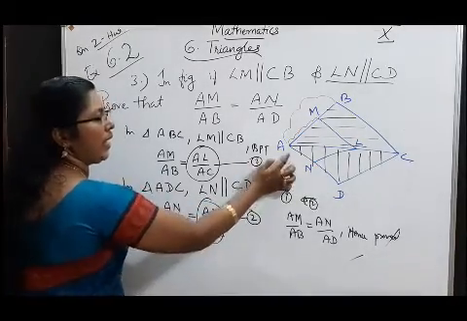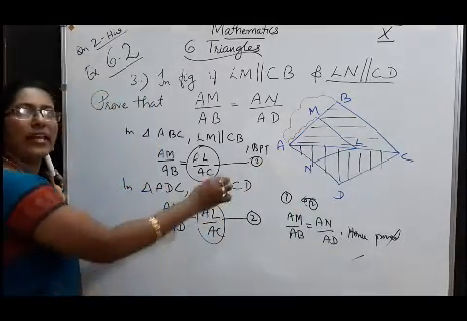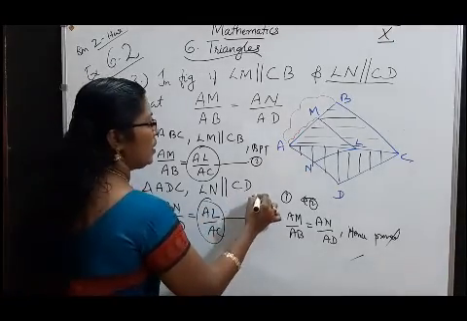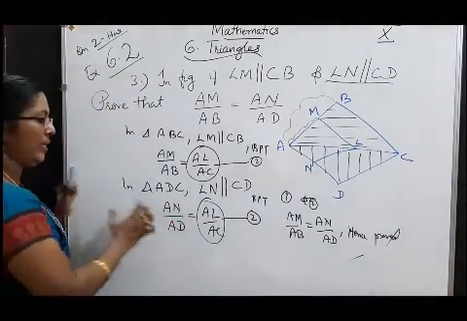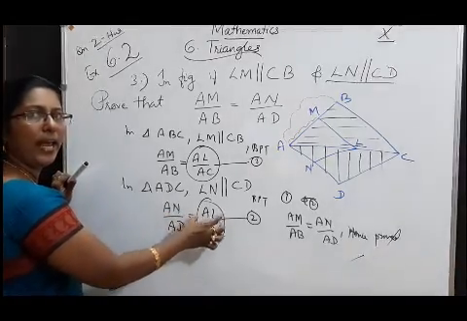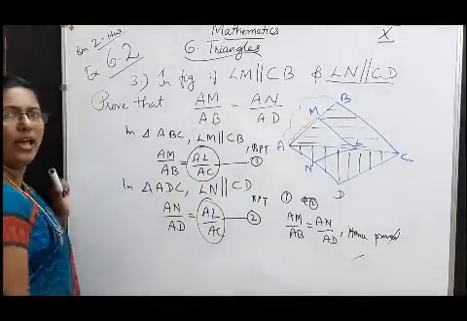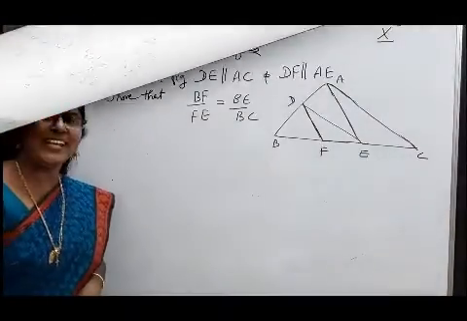The lower part: LN is parallel to CD, so by BPT, AN by AD equals AL by AC. By equating 1 and 2, you get the answer. Okay, clear? Okay, the next question.